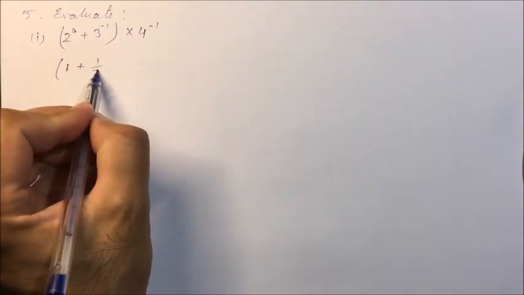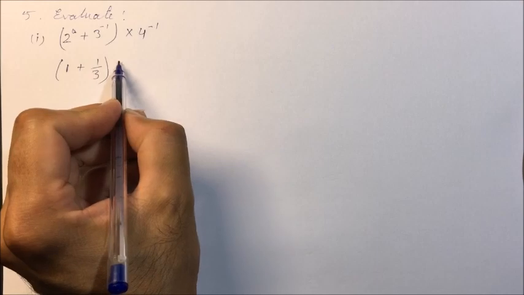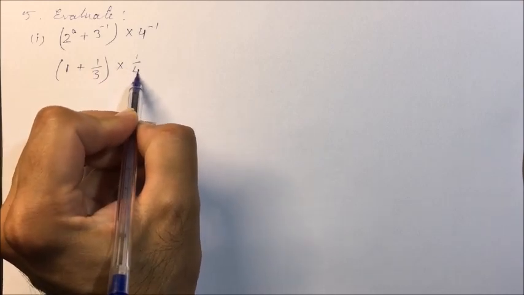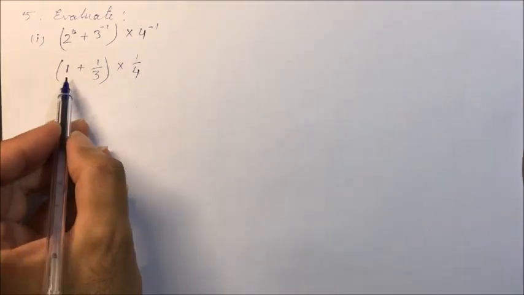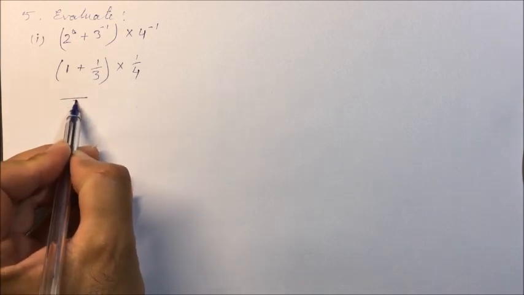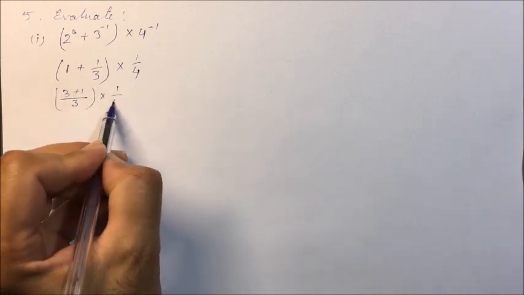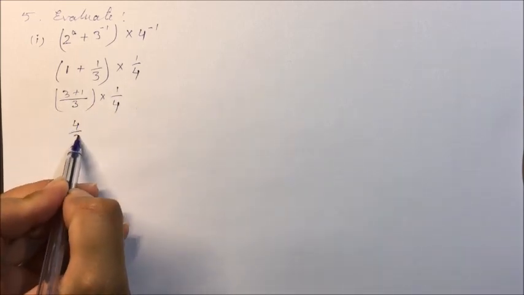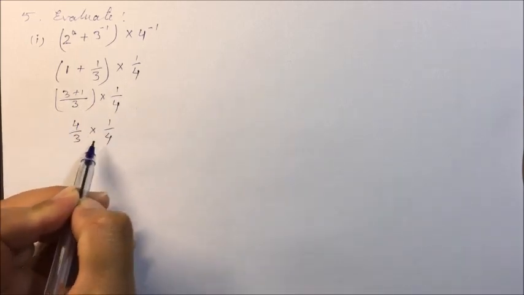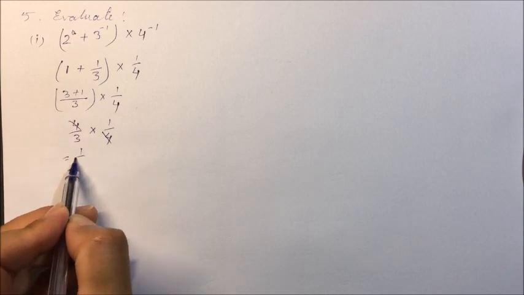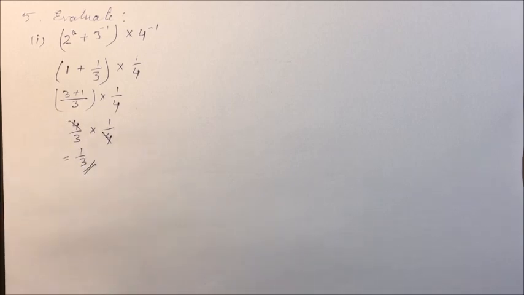It will be 1 upon 3, into 1 upon 4. Next step, we will add them, take the LCM, (3 plus 1) into 1 upon 4. It will be 4 by 3 into 1 upon 4. 4 gets cancelled. Answer is 1 upon 3.